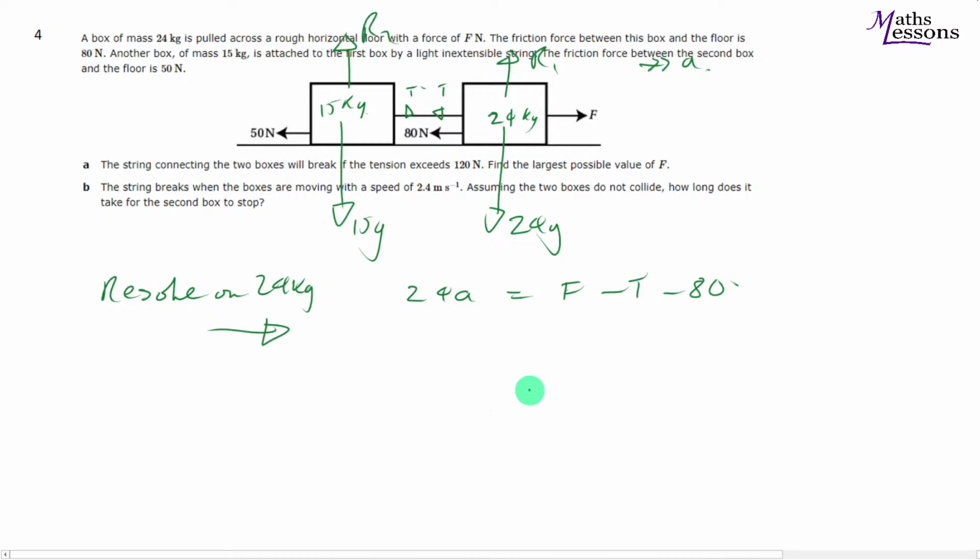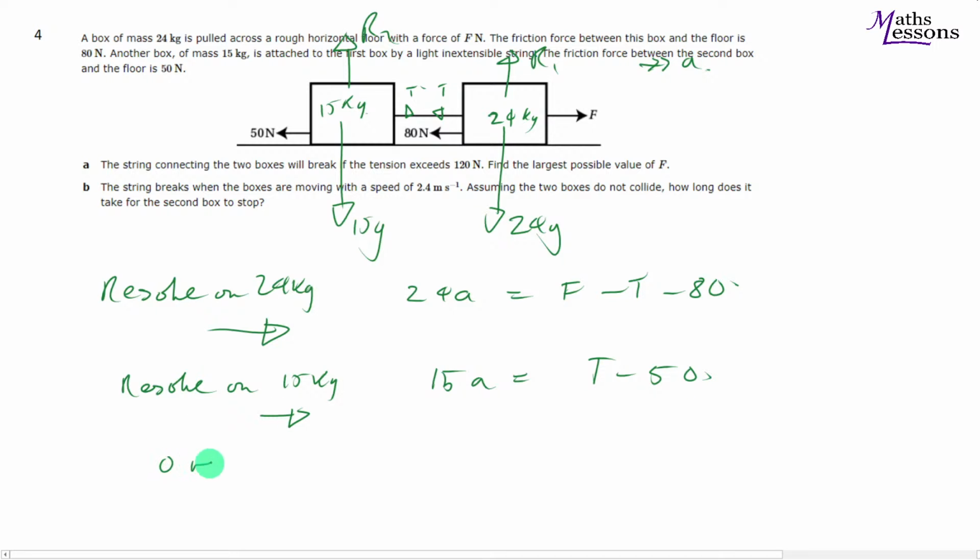Okay, so we can also get from this one, let's resolve on the 15 kg in the same direction. So we're going to get 15a will equal T minus 50.